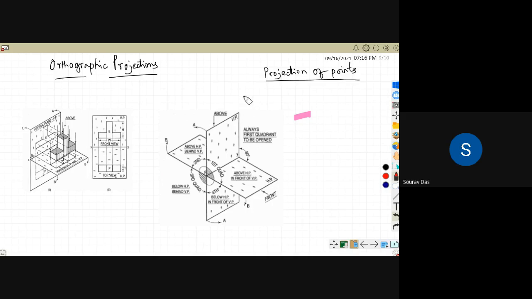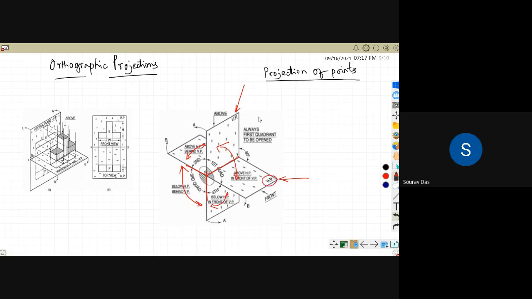When the planes of the projection, this is the vertical plane and this is the horizontal plane, move beyond the line of intersection, it forms 4 quadrants. So this is known as the first quadrant, this is the second quadrant, this is the third quadrant, and this is the fourth quadrant.